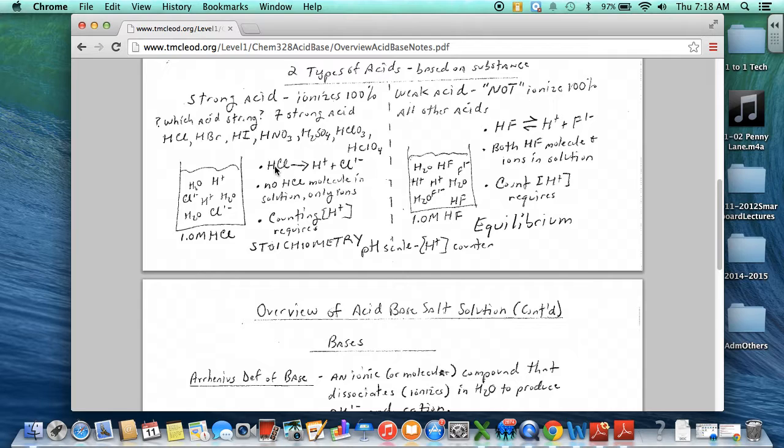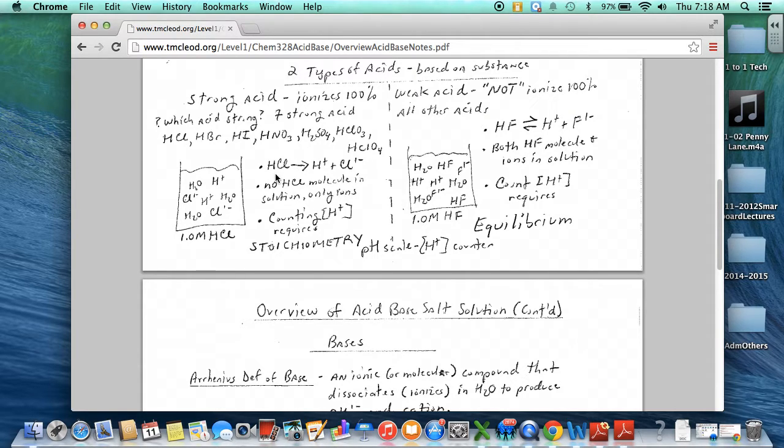Well, it means the HCl, remember it's a molecule, has ionized, not dissociated, into H plus and Cl minus. Since it's 100%, there is no more of the HCl in solution, it's just H plus and Cl minuses. So you no longer have the original molecule itself.